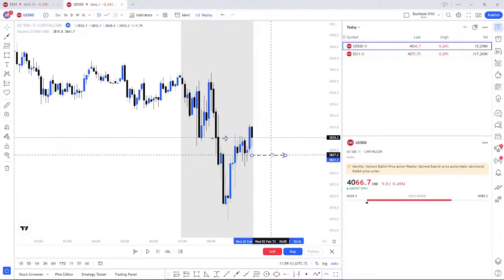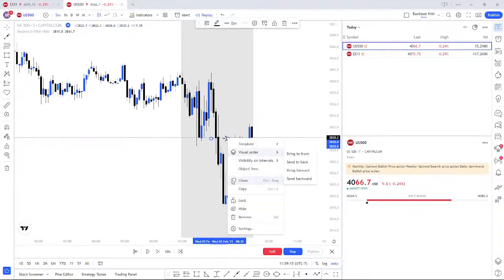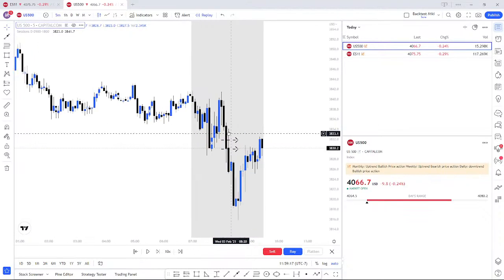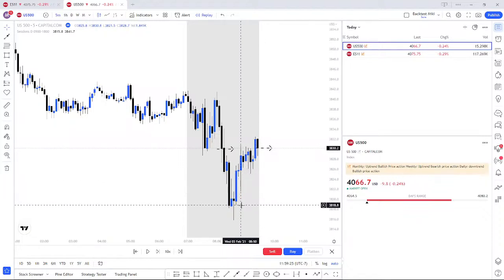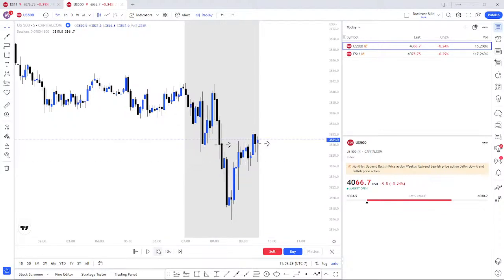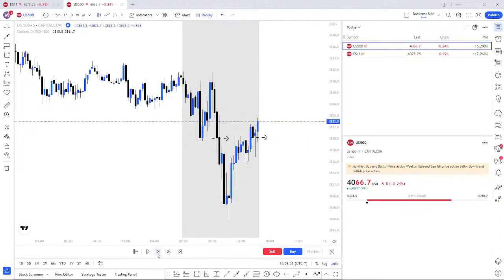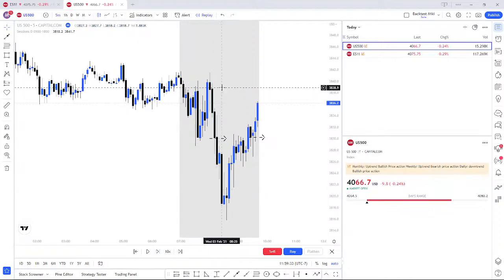I think I'll take that long. I think I'll take that long there. And the pullback to the base, risking, I guess it's the base there. Risking this candle. Because I'm waiting for price to get up here, right?